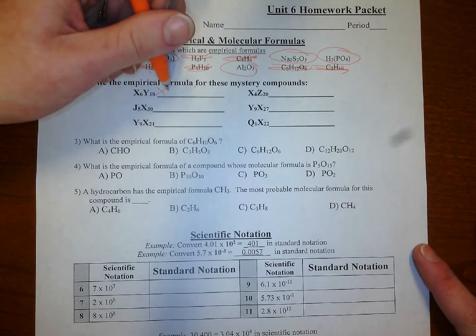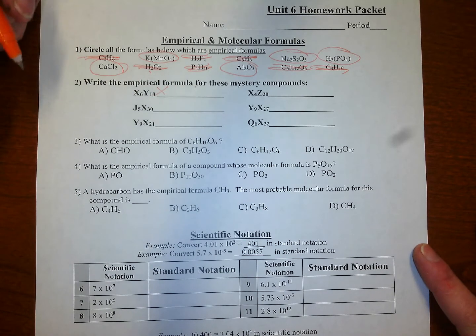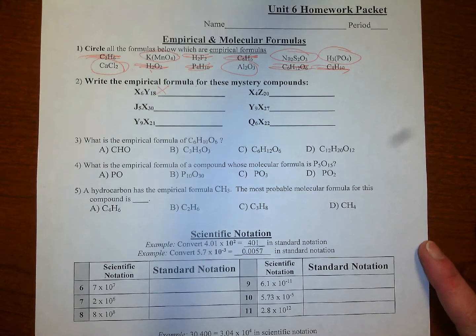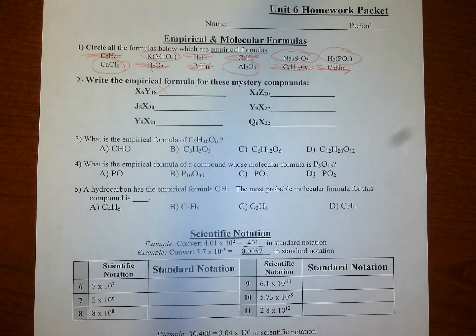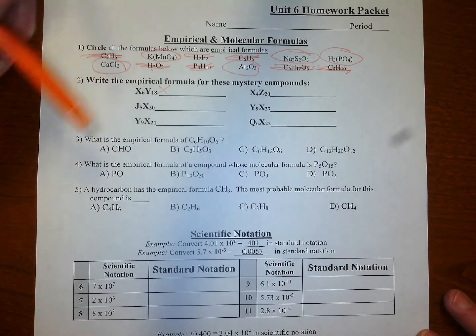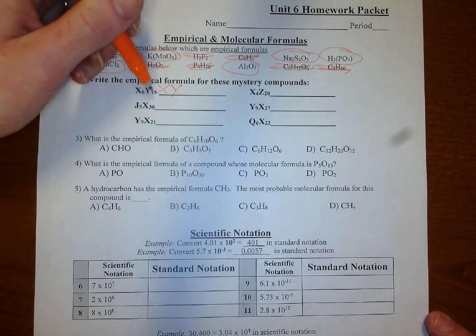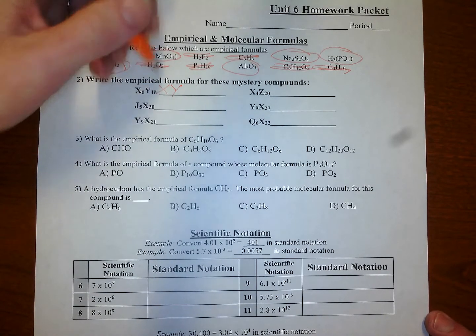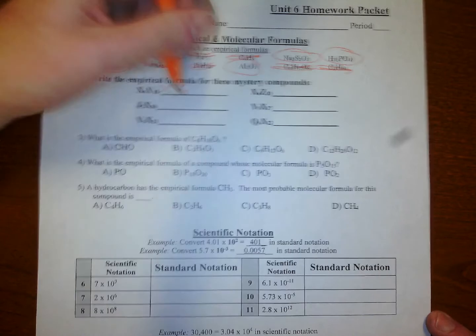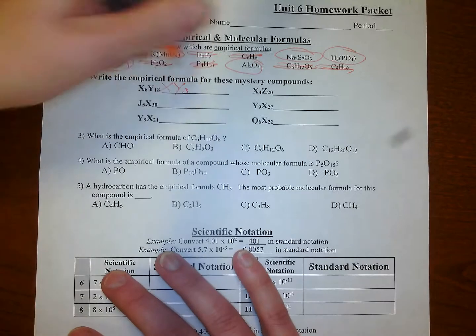We don't typically write out the subscript of 1 in chemistry. If you do, it's not technically wrong, but you're not going to see that on a test, right? We never really write out the ones that are understood. So I'm going to say 6 divided by 6 is 1. I'm going to leave that X there. 18 divided by 6 is 3. So there's my formula.